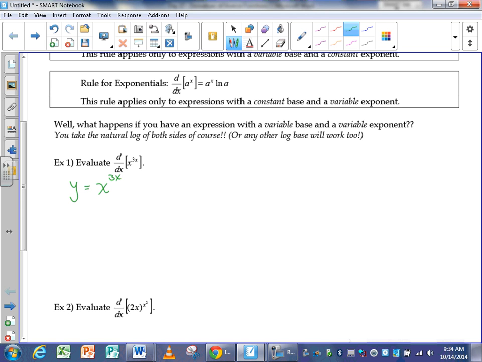The first thing we do is we take the ln of both sides. So ln y equals ln x to the 3x. The reason we do that is because now this exponent can fall down in front, and I have ln y equals 3x ln x.